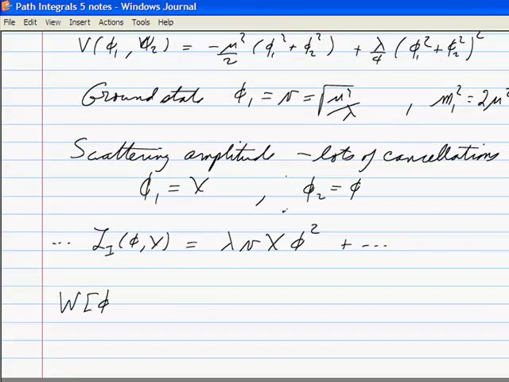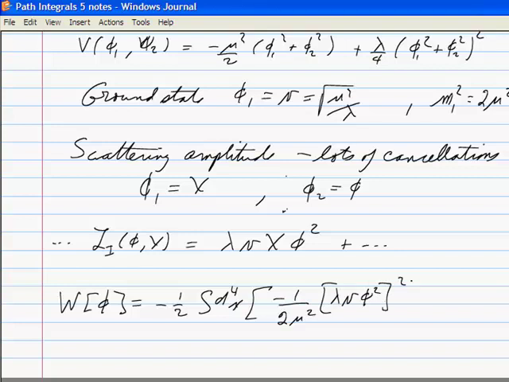W of phi is minus a half integral d4x. Well, it was minus 1 over m squared, which is 2 mu squared, and then f of phi would be lambda v phi squared, but then I square it.